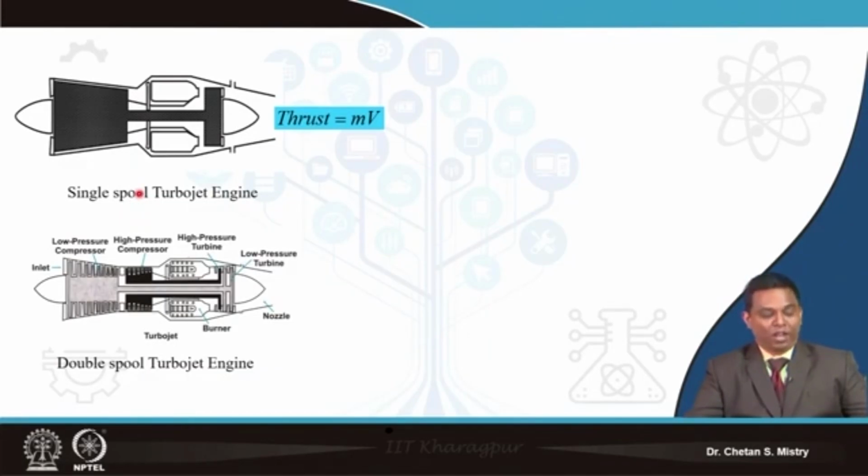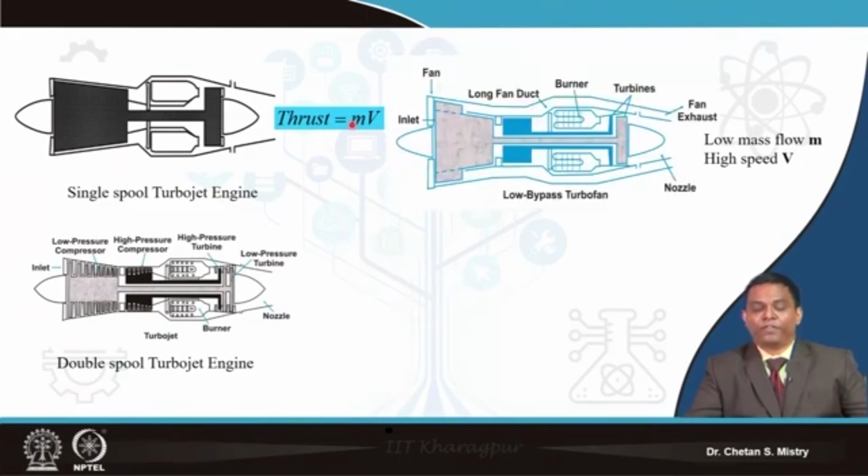Now, as the fundamentals always say, I can improve my thrust by increasing my velocity or by increasing my mass flow rate. So people are talking of different kinds of configurations these days. This is one of the engine configurations, known as the low bypass ratio turbofan engine.